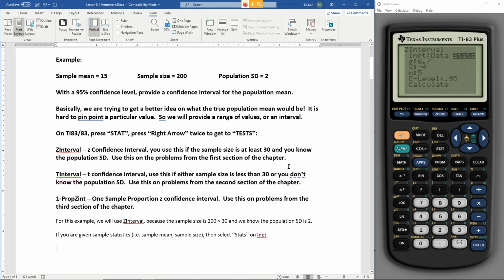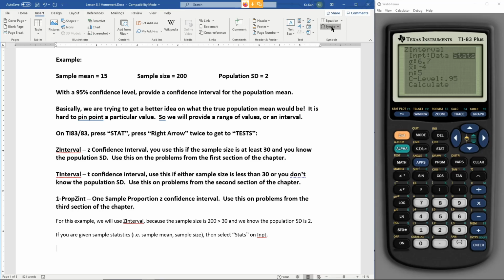Of course, sigma is the population standard deviation. They make it into uppercase. This is where you input the population standard deviation, and I'm going to put 2.